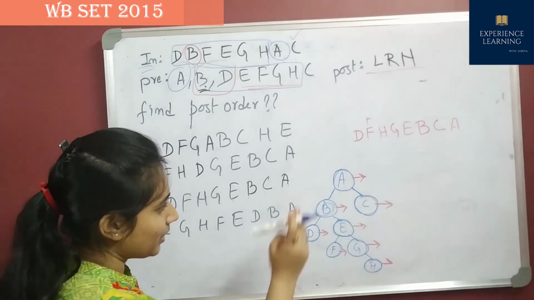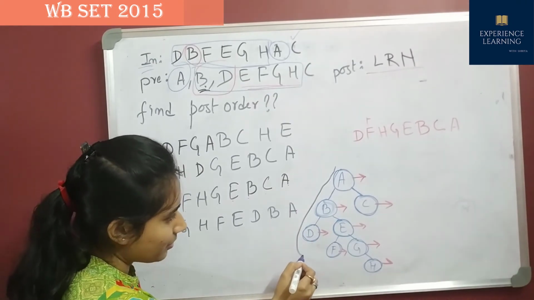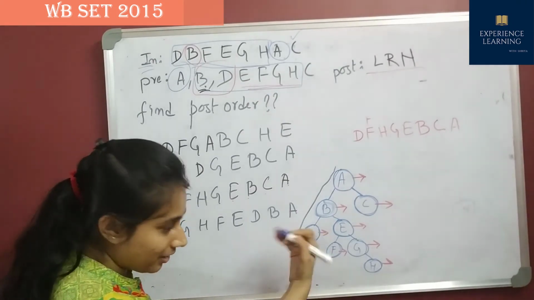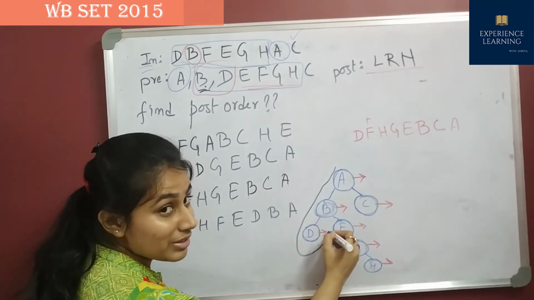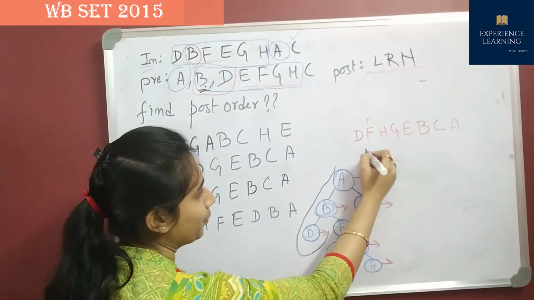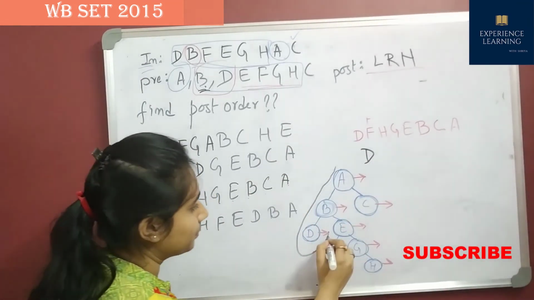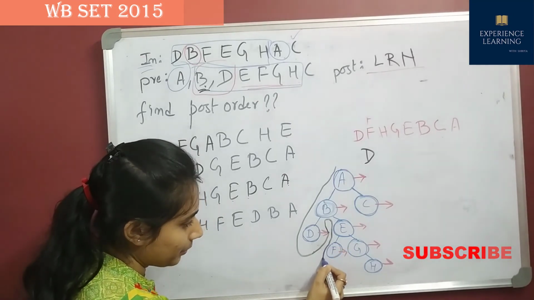Okay, now see, if I just draw it. So here it is the end. I will go upward. Okay. So first which arrow is it touching? D arrow. So I will write here D. Next we have to go back here.